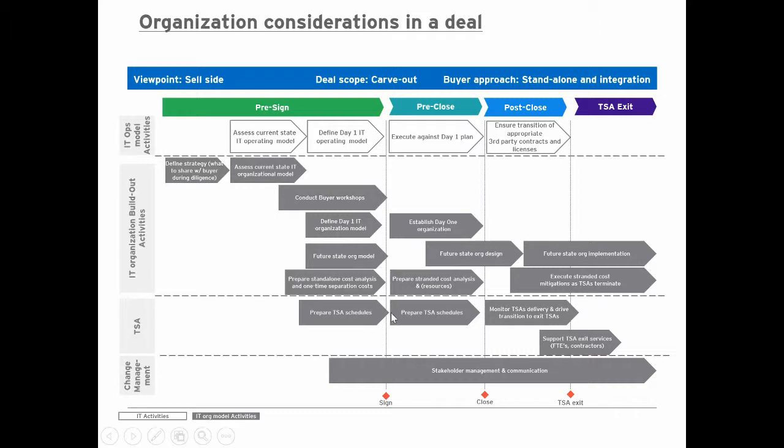We'll also start preparing a view of the standalone cost and the one-time cost. This will help plan the capacity for the existing resources and determine the level of contractor support that will be needed to execute the separation projects.